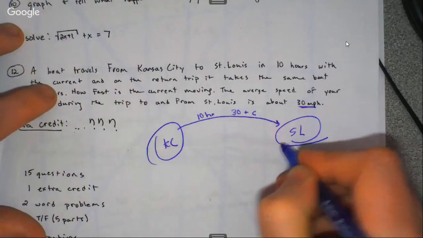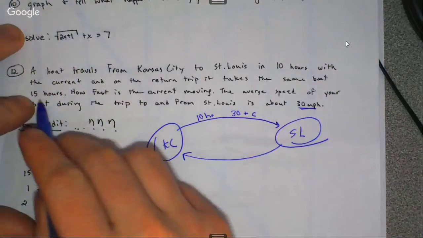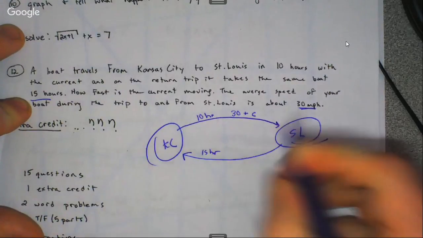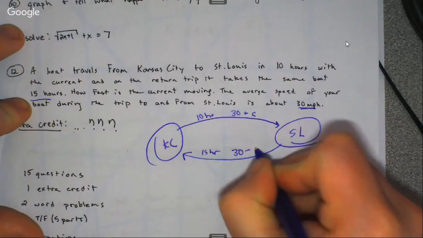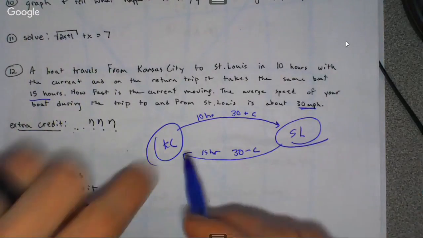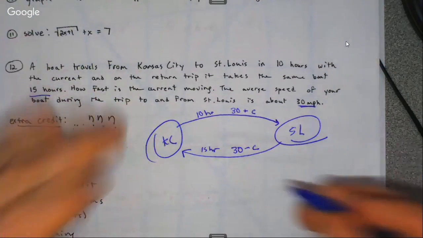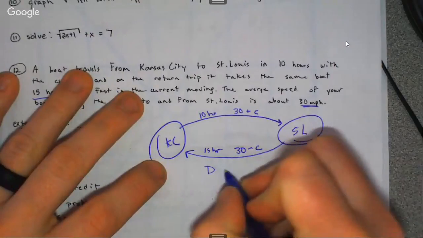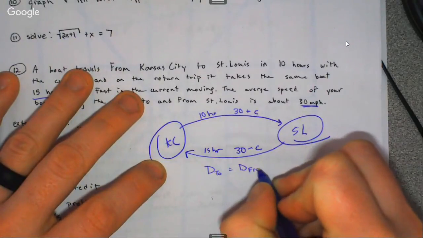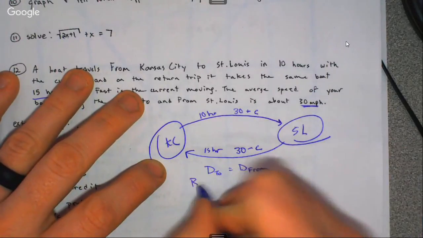And then on the return trip, it takes 15 hours. Okay, and we have the 30 miles per hour minus the current because you're fighting against the current on the way back. Now we know the distance between Kansas City and St. Louis is all the same. So your distance to equals your distance from St. Louis. And distance equals your rate times your time.